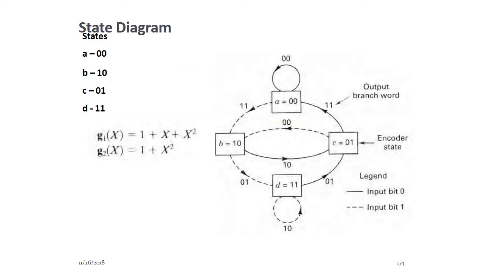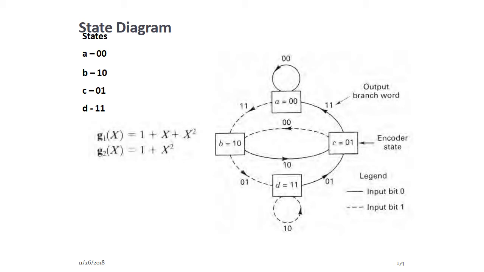First we are going to see the state diagram. If we combine the current and the next states, then we obtain the state diagram. For example, consider the encoder is in state A and the input is m equal to 0. The next state is the same, that is A, that is 0 0, with the output x1 x2 equal to 0 0.